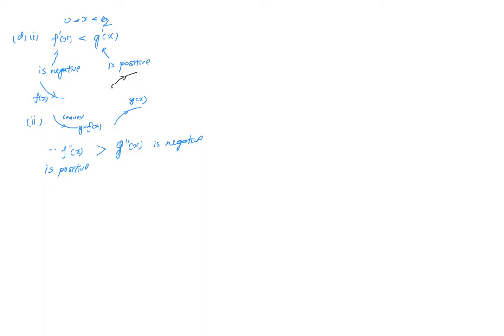Because the rate of change of fx is greater than the rate of change of gx. The graph of fx is steeper compared to the gx graph. Are you clear? Yes. Okay, so that is how you make a choice.